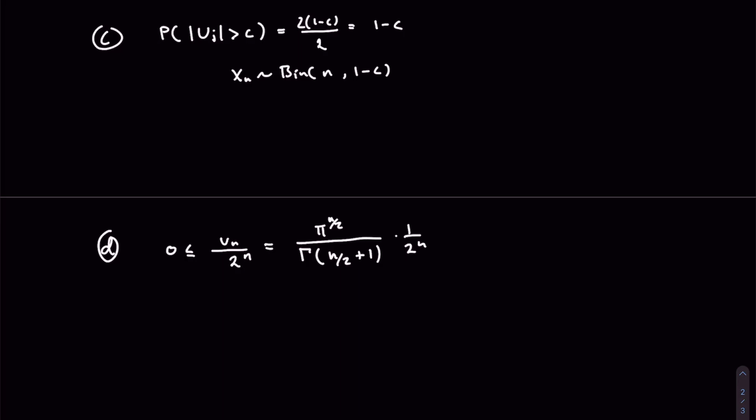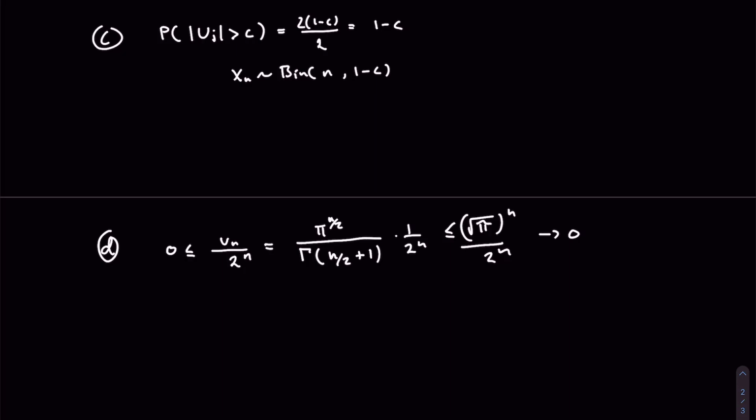Okay, we only focus on this part because this is always positive and we're dividing by it. If we only focus on pi to the n over 2 versus 2 to the n, we'll see that the 2 to the n function will grow faster as n goes to infinity than this part here. So this goes to 0.